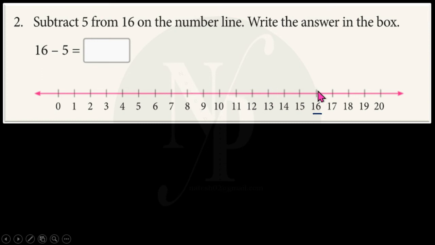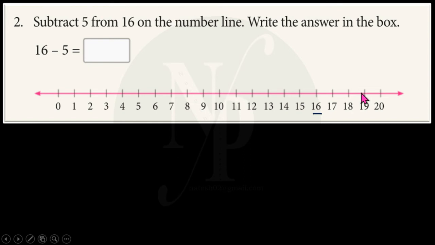While adding from the first number, we will move towards right to add the other number. To subtract a given number from another number, we move towards left of the given number. So here we will move towards left. How many steps should you take? We should take 5 steps towards left.